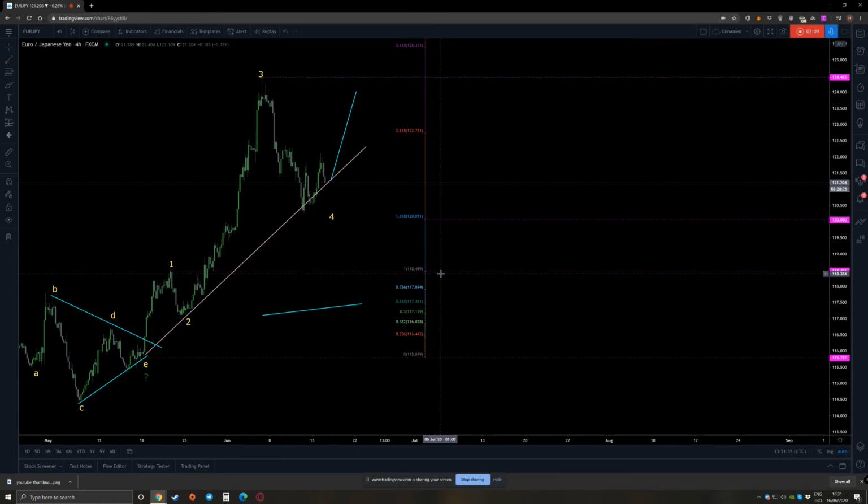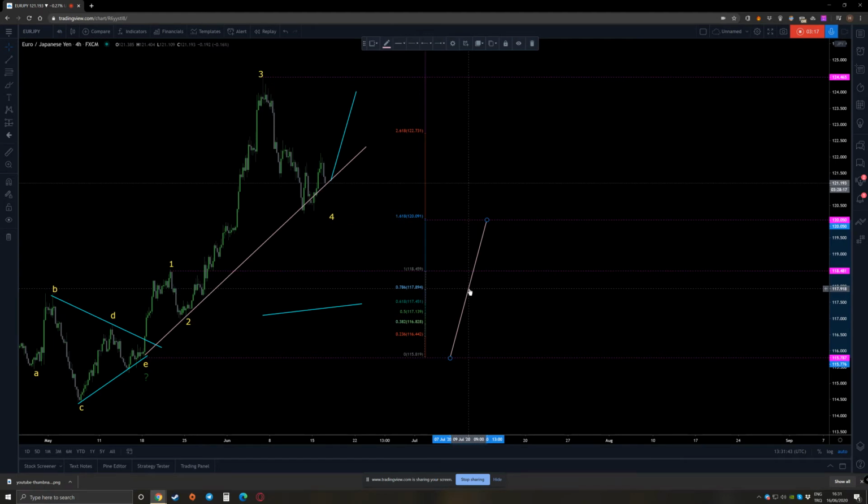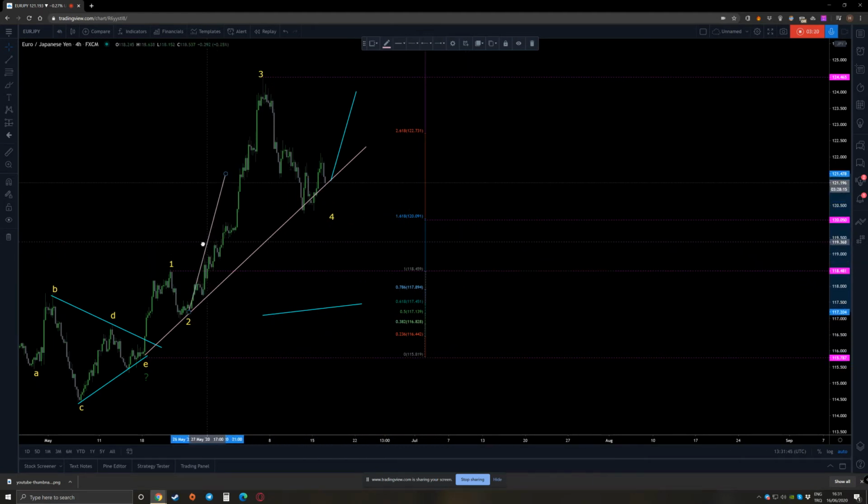I did it already, as you can see with my fib level, and I'm now taking 1.618 and putting it on top of the second wave to see if I have an extension over the first wave. Look, as you can see, I have a very good extension here. Because I have a good extension, this can be a third wave extension impulsive move.